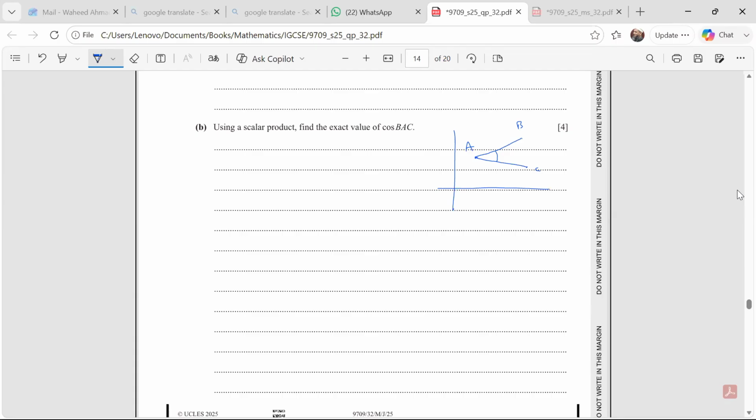If I talk about AB dot AC, you know that it is the magnitude of AB times the magnitude of AC times the cosine of the angle.